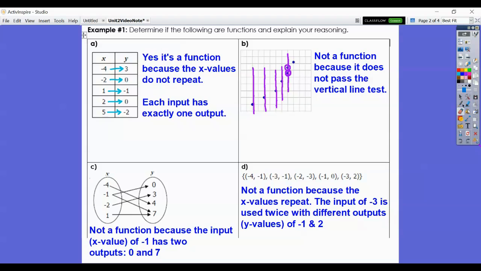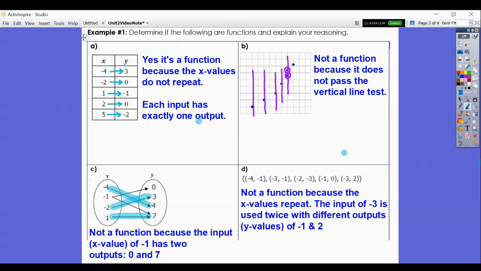For C, we have a mapping. How mappings work is that the arrow should just be coming from each x once. So -4 goes to 4, -2 goes to just 3, and 1 goes to 7. But notice what is incorrect here.